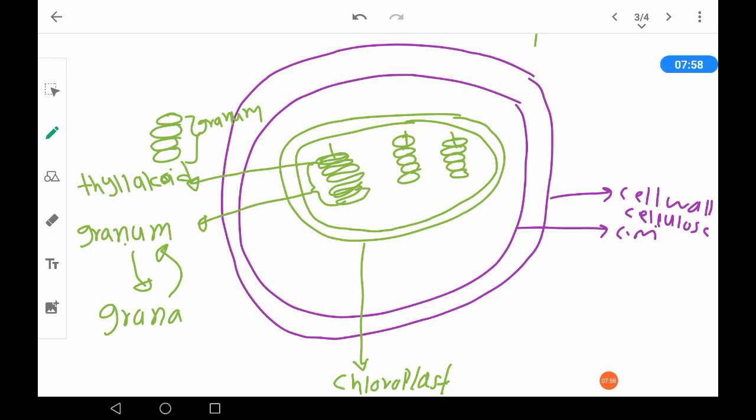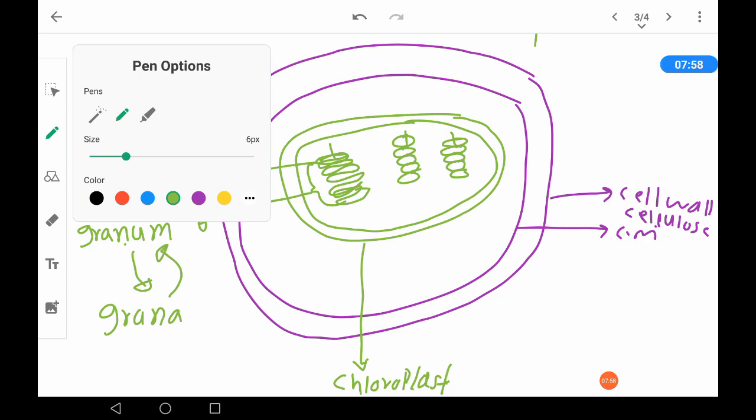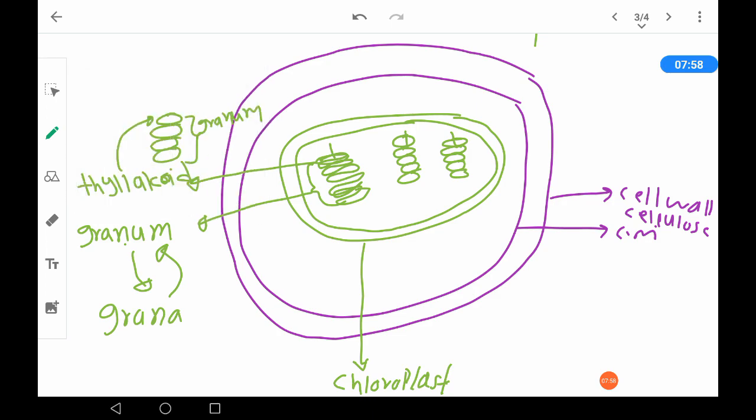Each thylakoid membrane contains a molecule we call chlorophyll. So chlorophyll is a substance found in the chloroplast, in the thylakoid membrane, and finally in the granum.